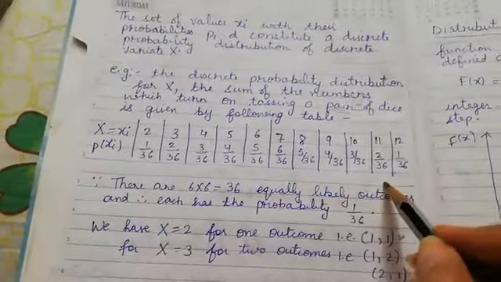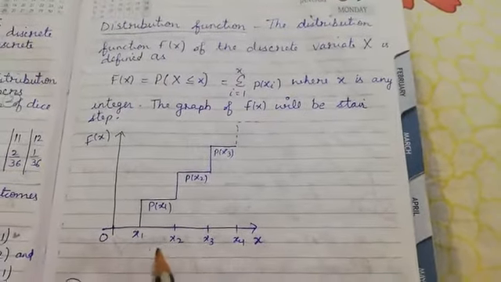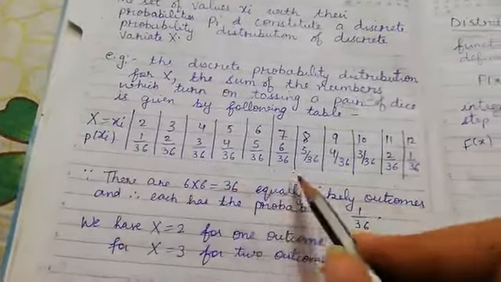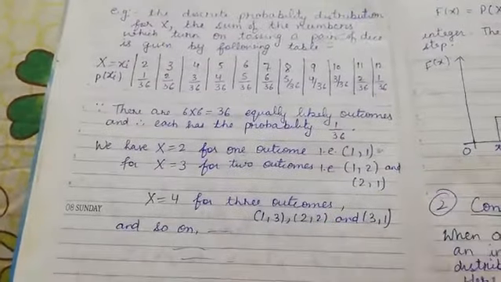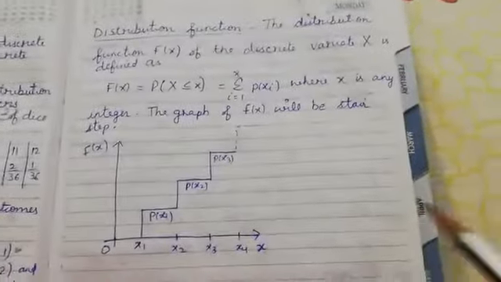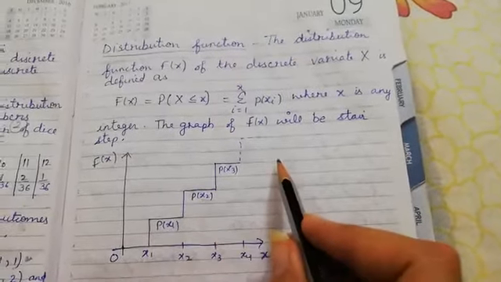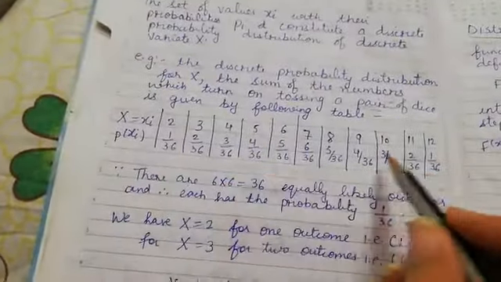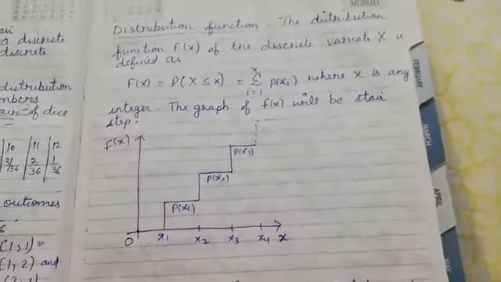Based on these, if we draw the graph for this distribution function, the Xi's are on this side and the probabilities, these P of Xi's, are on the other side. Here I have written only the outcomes, right? So if we draw the graph, then we will get a stair-step graph. These are the values for the Xi's, and on this side we have the values for the corresponding probabilities.